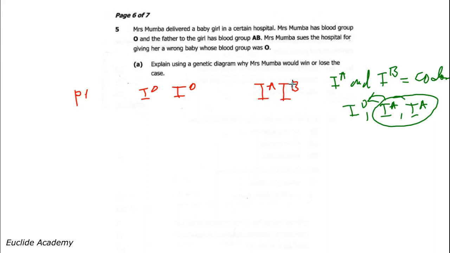Then the husband, or the father of the girl, has blood group AB, so meaning the father has got A and another one, B. So if you've got A and B alleles, your blood group is AB, since they are co-dominant, and we explained more in class. So what could be the possible combinations here?